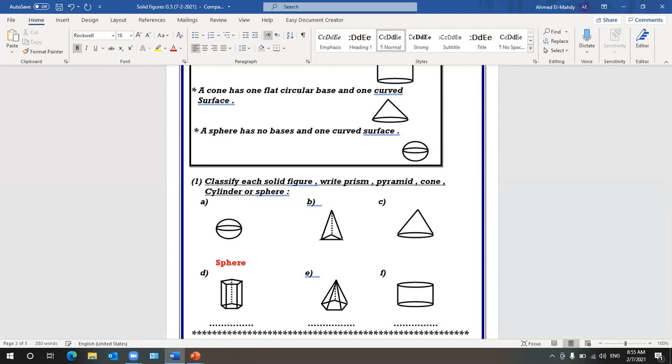Okay, the second one. Yes. It's a triangular pyramid. No, I want only pyramid or prism without the name of the base. Only a pyramid. It's a pyramid. Yes. We have only one base in it. It will be a pyramid.